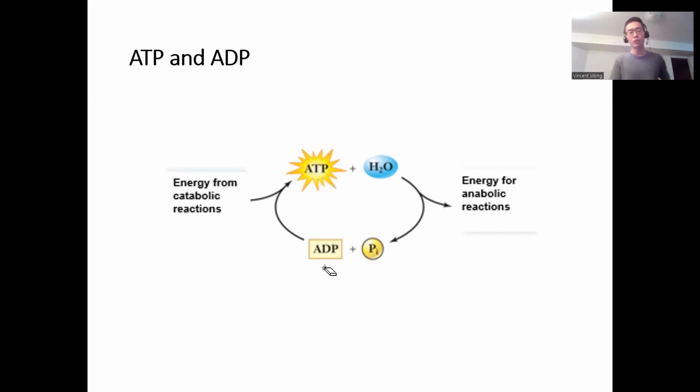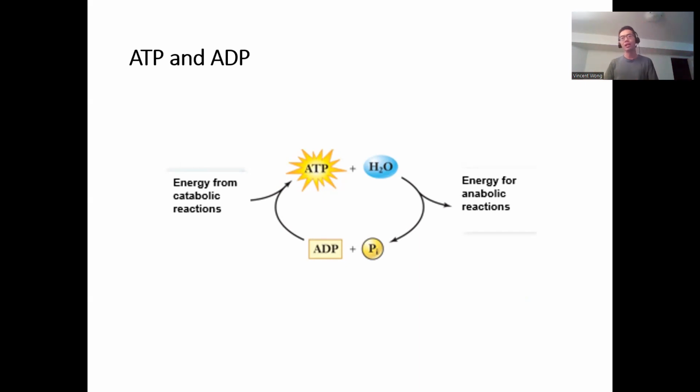And in order for you to create more ATP, you're going to need to have more energy from the catabolic reaction. Remember, these are reactions that are involved in breaking down your food, right? So in other words, as long as you're eating, you will have energy to recharge your ADP, right? So you recharge your ADP, it becomes ATP, you use it for whatever, and then now you need to recharge it. So it just cycles back and forth.